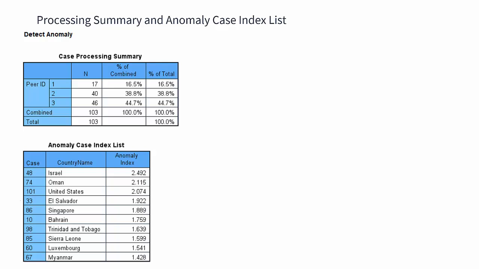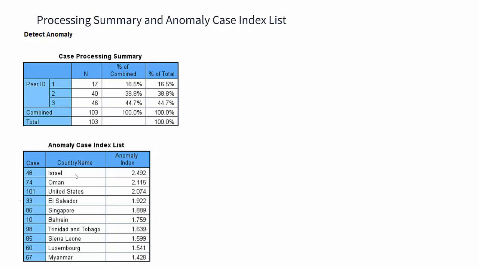The next table we're seeing is the actual anomaly index scores for each of the 10 cases that we asked it to retain. We asked it to show us the 10 most anomalous, so the 10 countries with the highest anomaly index scores. We can see that Israel is identified as the country with the highest anomaly index score, 2.492, the most anomalous.